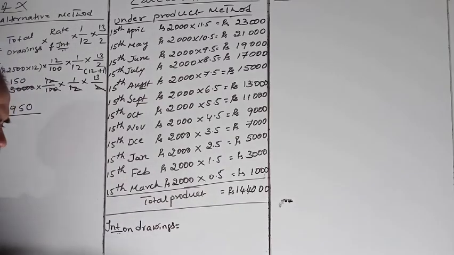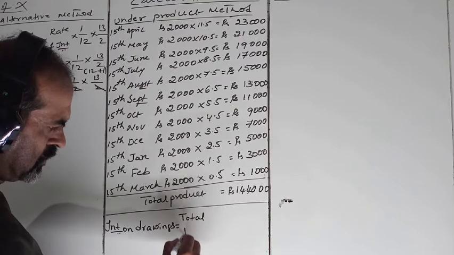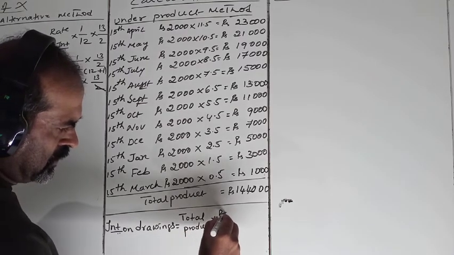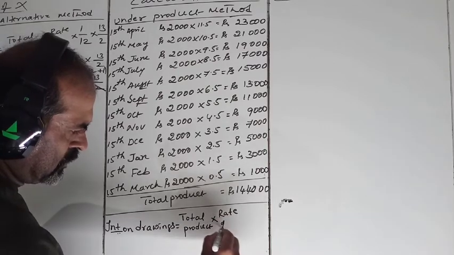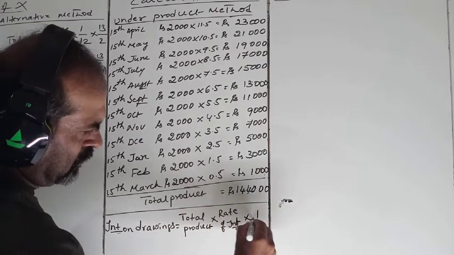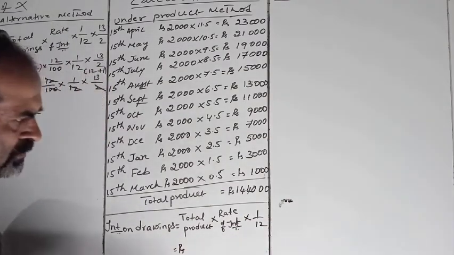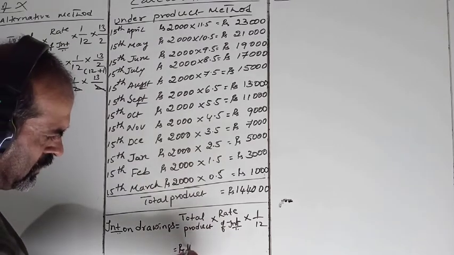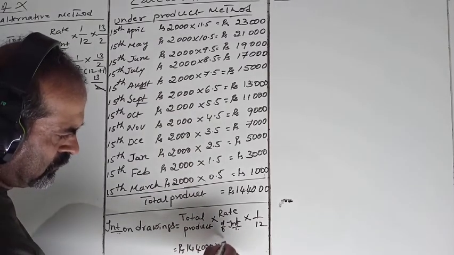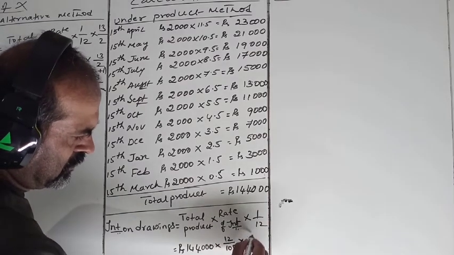So interest on drawing equal to total product into rate of interest into 1 by 12. The total product is already calculated, that is 1,44,000. The rate of interest is 12%.